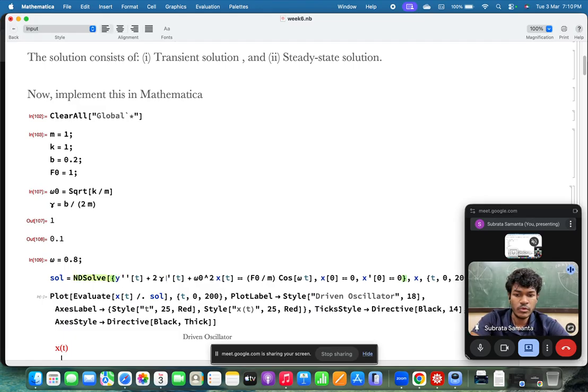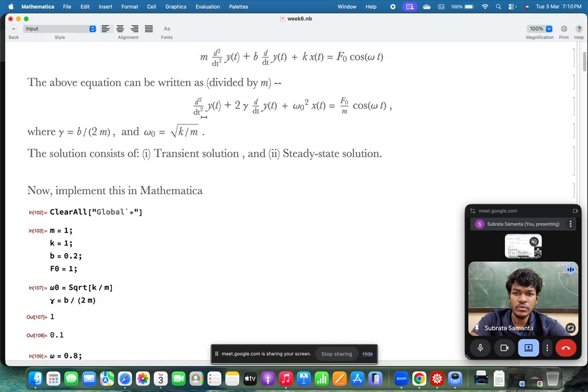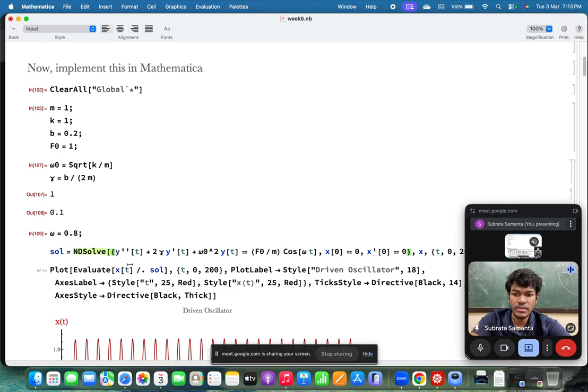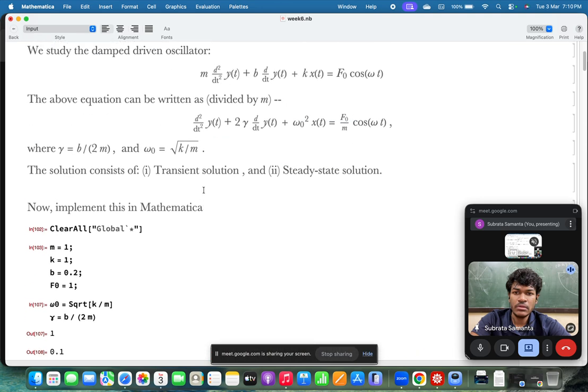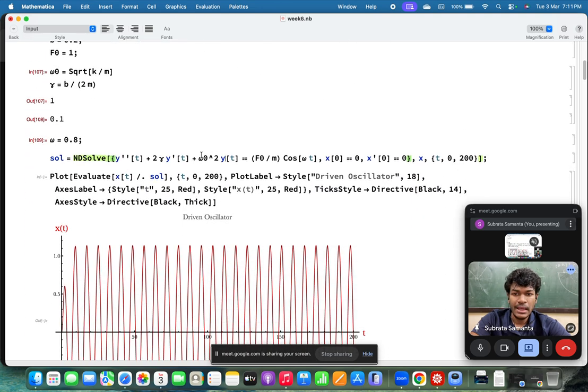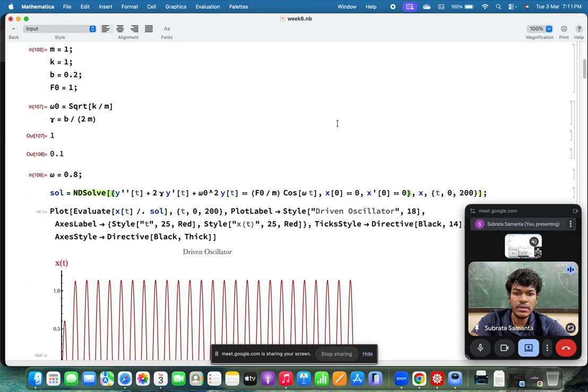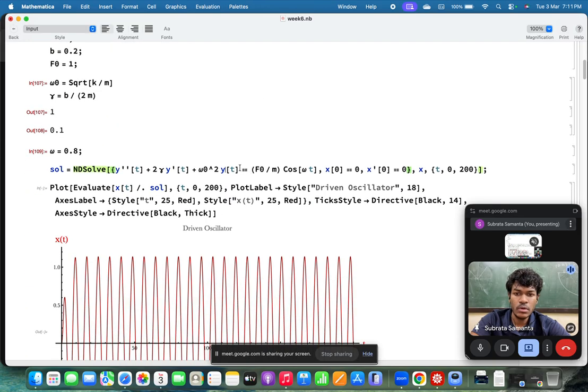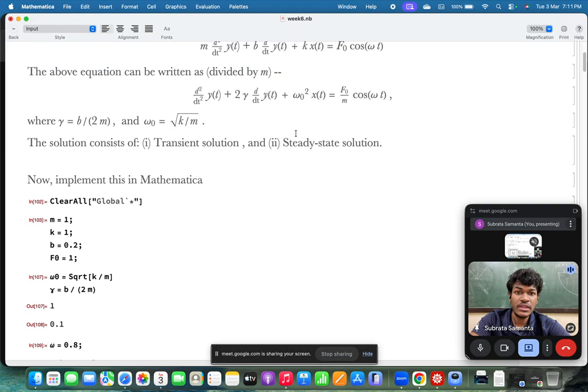So this is y double prime t, the second order derivative with respect to time, because this is a function of t, and then 2 gamma y prime t, the first derivative of y, and the third one is omega naught square y t, which again has two equal signs, because this is an equation.